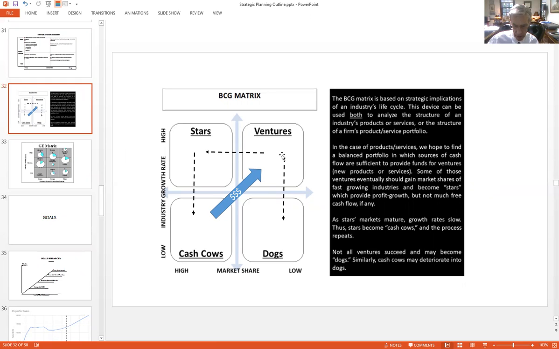But it doesn't always work right. Not all ventures become stars. You just can't hit batting 100. You're not going to have winners for every one of your ventures. Whether it's a brand new product you developed internally, or a little company or a product line that you acquired.